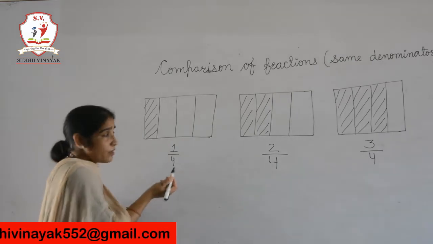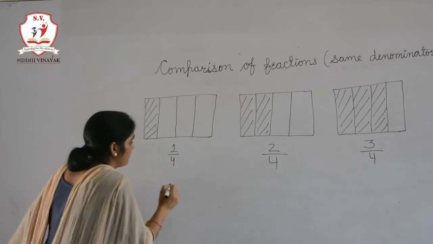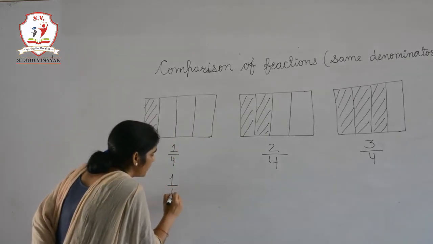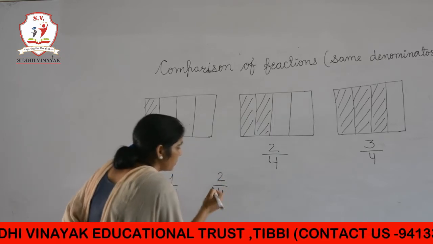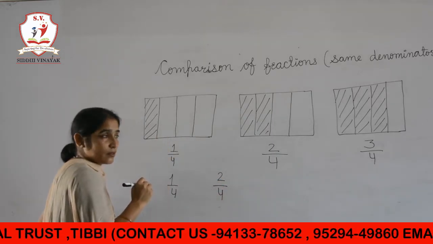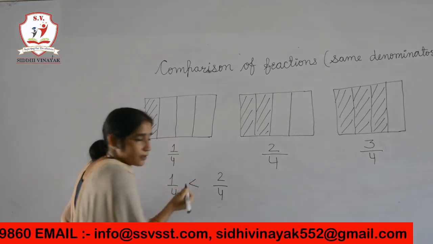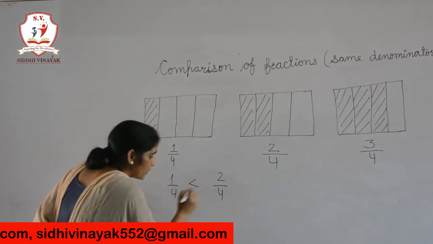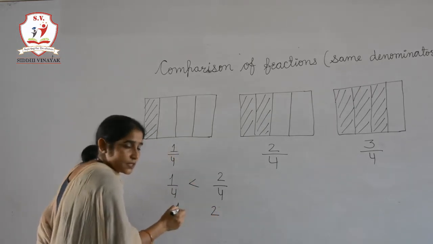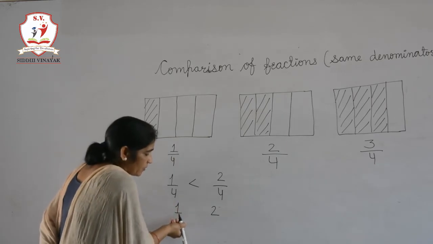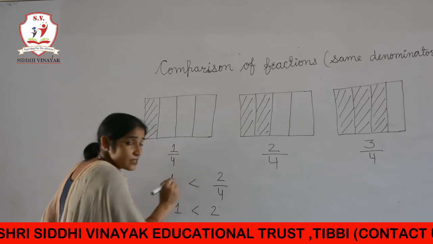From the shaded parts, first we compare the first 2 figures: 1 upon 4 and 2 upon 4. Which is greater? We compare these numbers. Which is greater, 1 or 2? 2 is greater.